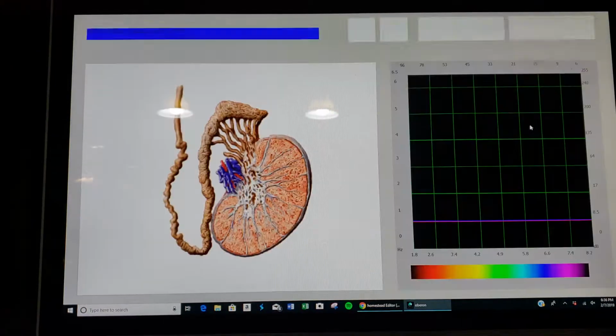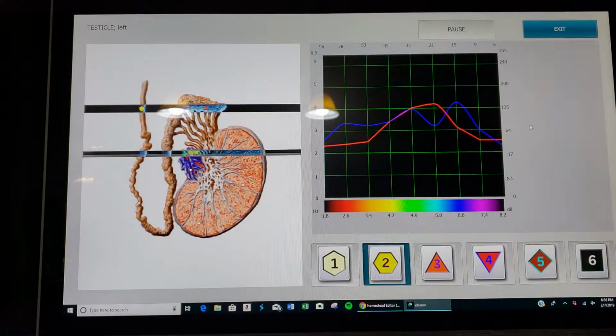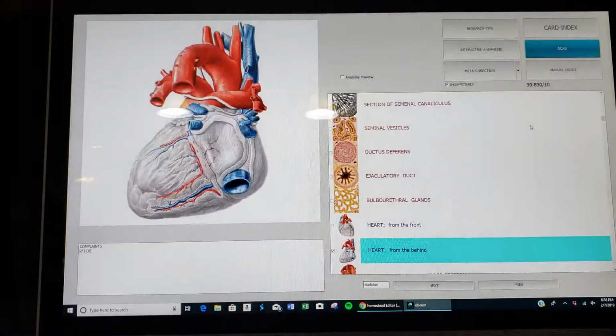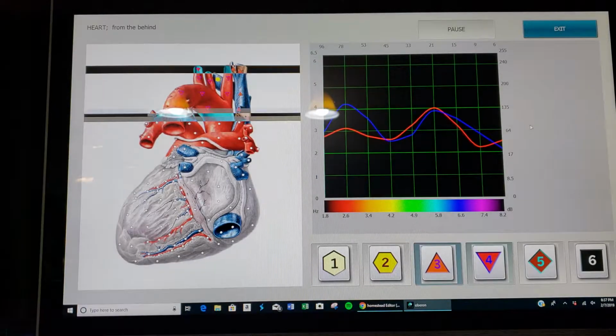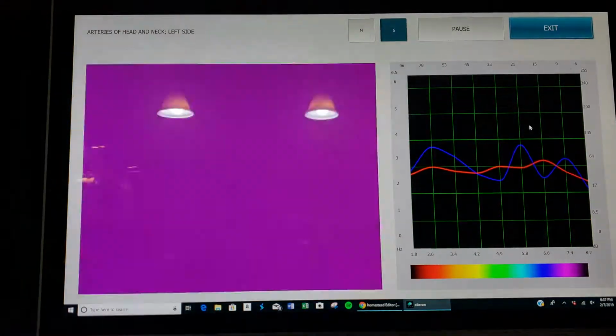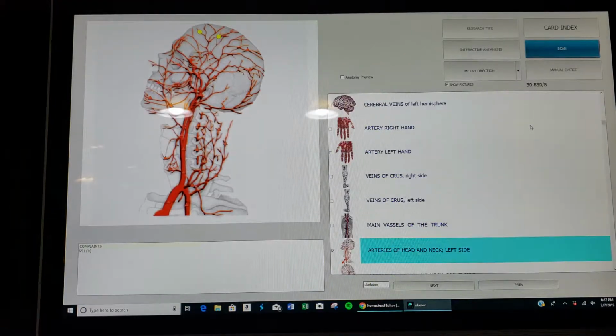The red line is the hyperactivity of the tissue, and the blue line is the hypoactivity. And ultimately, this graph shows us where to look for the primary problems that the scan found in the body.